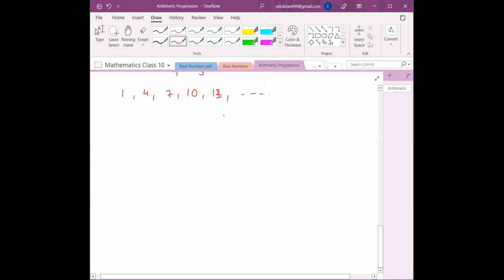Up to the fifth term, this is your A5. Now, can you tell me what is the 25th term of this AP? Or even you can have large numbers, decimal numbers, so it's difficult. You will not sit and write all the numbers and then tell me the 25th term of this AP.